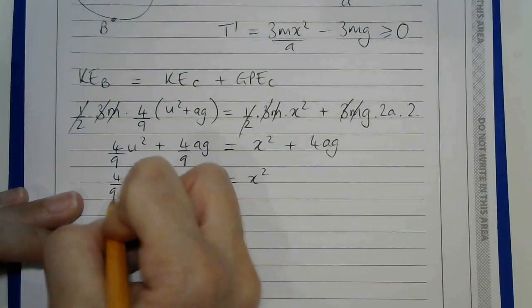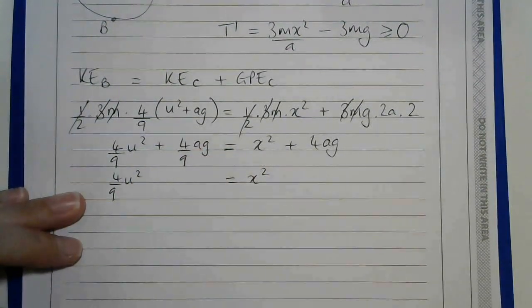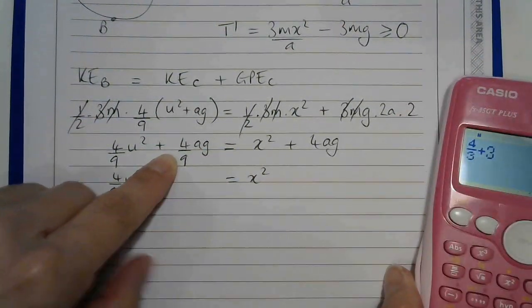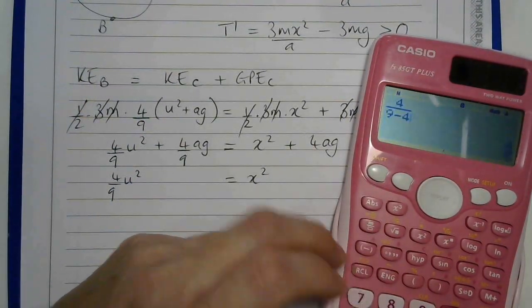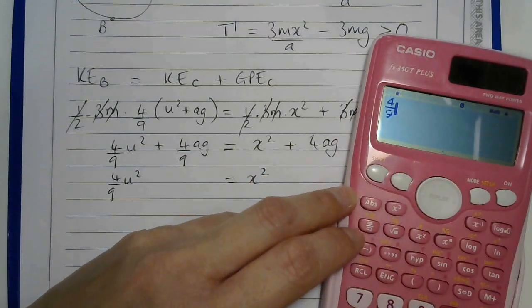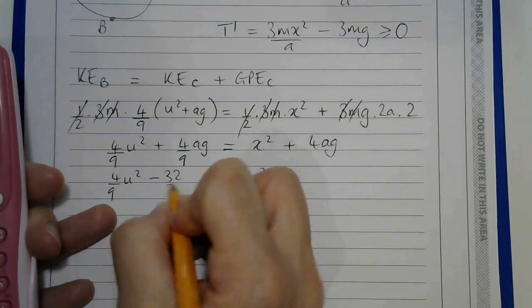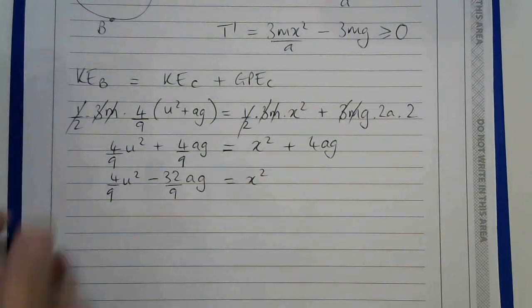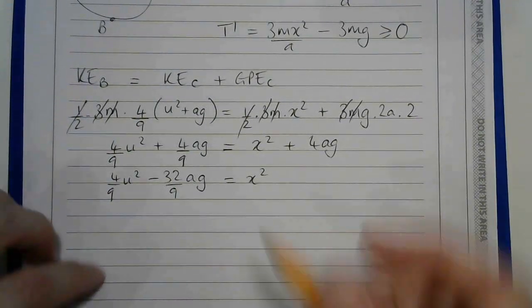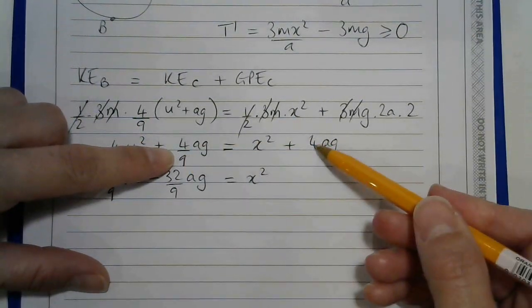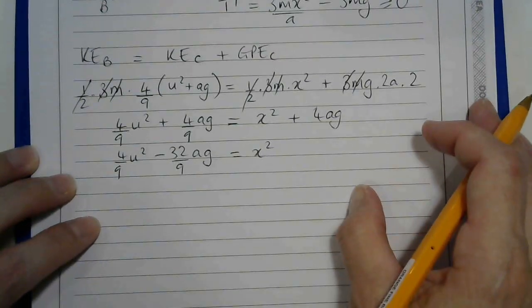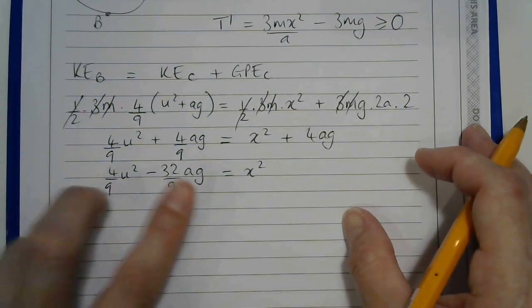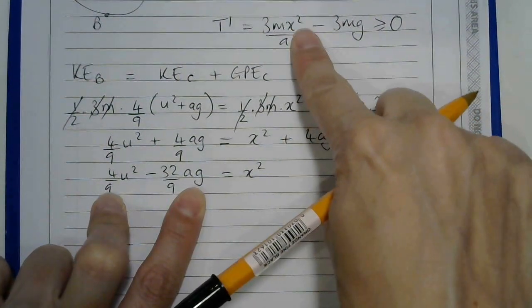So I get 4 over 9 u squared, and then I'm doing 4/9 take away 4, and that gives me negative 32/9 ag. Because essentially here you're doing 4/9 take away 36/9, which will give you negative 32/9. Okay, so now I can pop this expression in the place of x squared here.